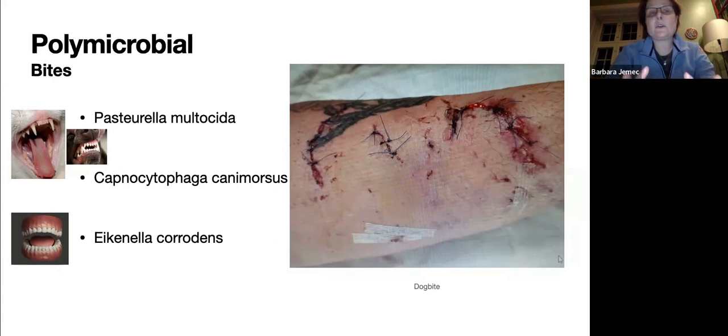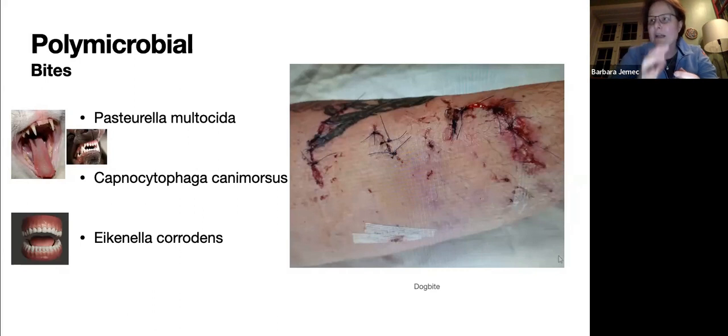Then there is also, for bites specifically, the method by which the bite is produced. So cats have long, thin fangs. With the dog, it's more of a tearing bite, so they do produce more tissue damage, dogs.